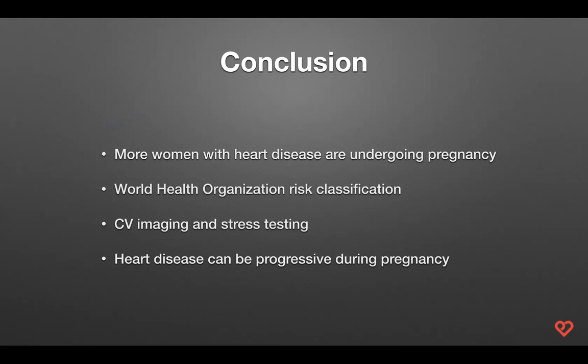Use cardiovascular imaging pre-pregnancy to the best of your ability. Involve stress testing if possible to document functional class, especially if they have complex congenital heart disease. And then remember to explain to your patient that heart disease can be progressive during pregnancy and that they should be monitored for at least 6 months after pregnancy.